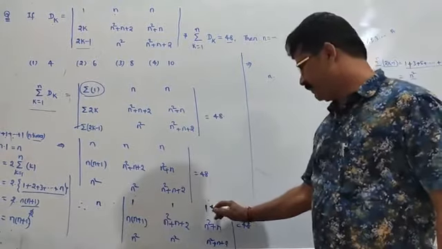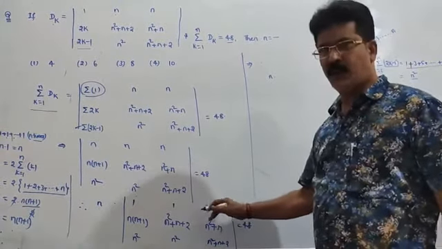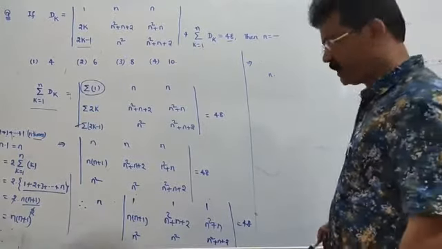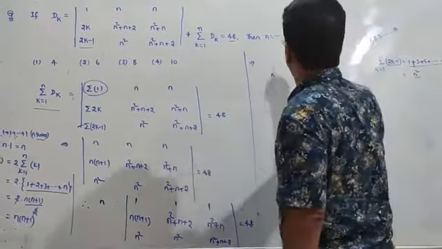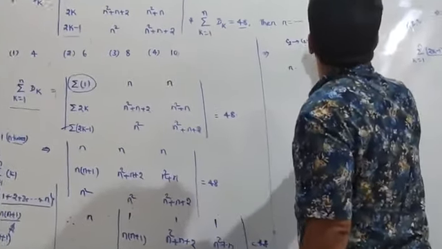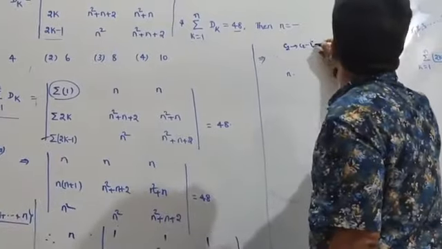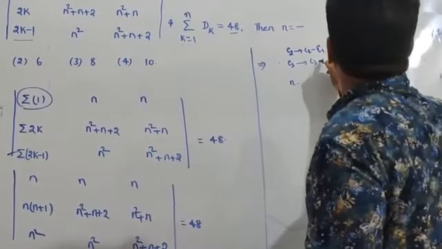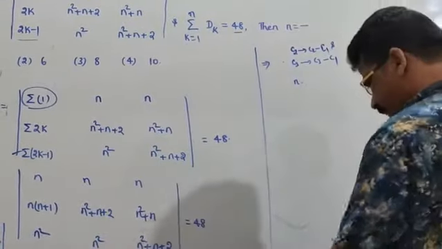Actually, to obtain zeros at most places so we can expand easily, we are performing elementary transformations. You know this already. That's why we are performing C2 minus C1 and C3 minus C1, like that.